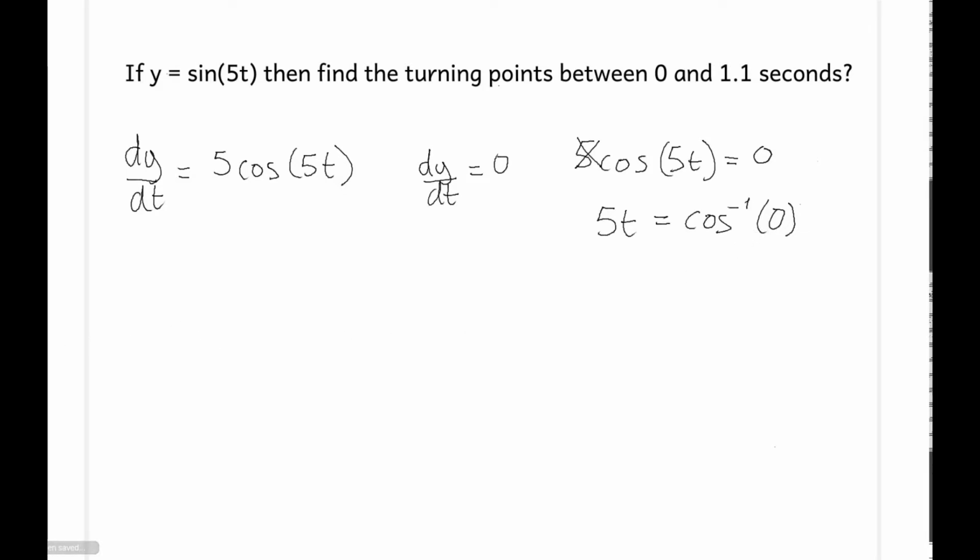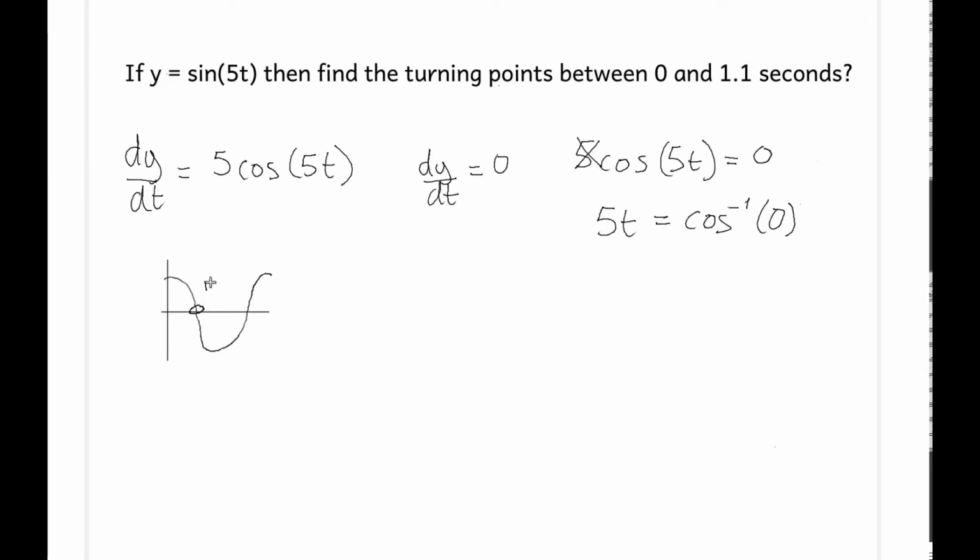Well, let's have a look at a cosine function. Just do a little sketch of one. If I can draw this a bit neater than I normally do. Apparently not.